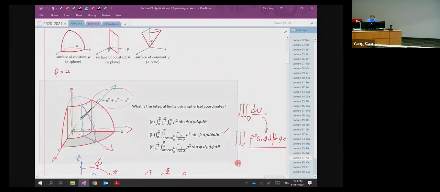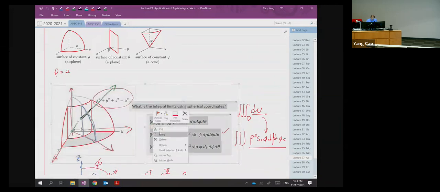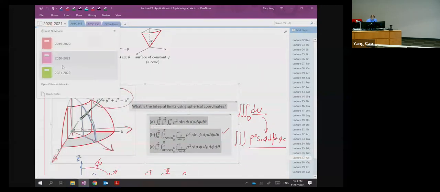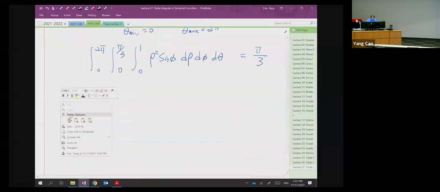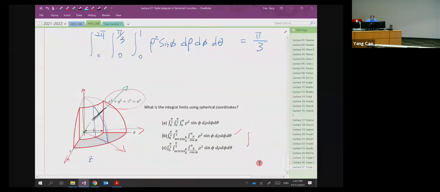Let's copy the whole thing. Okay, it's a little bit messy, but that's okay. I think you can count.